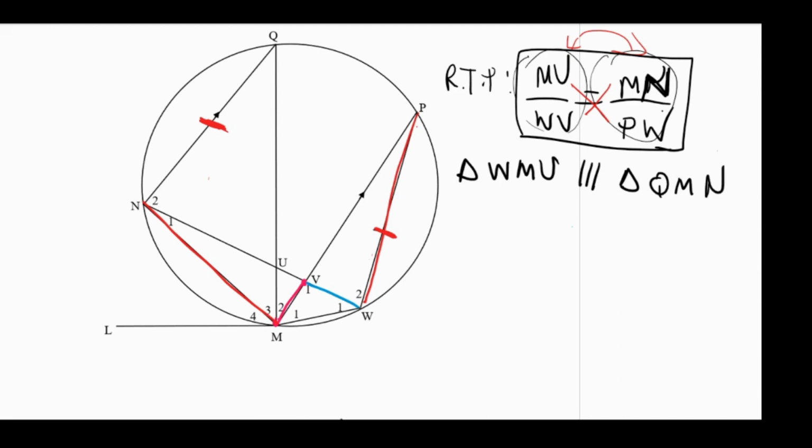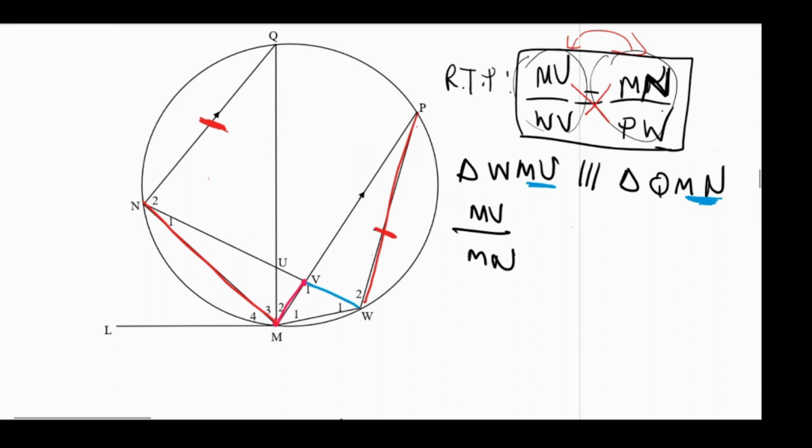So if we were to write this in ratio form, you will say this MV here. Okay, let me use another color. So you'll simply say the MV, which is this one here, you'll divide it with this portion here of MN. So it's going to be MV over MN, right?